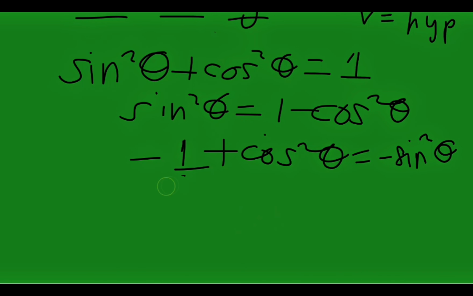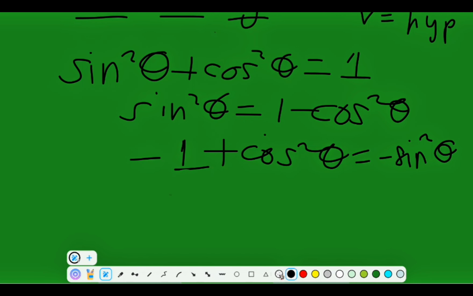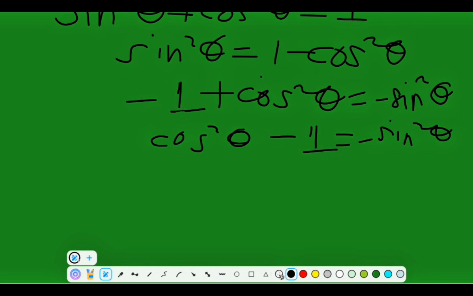They can also give it to you like this, as cos squared theta minus 1. So cos squared theta minus 1 is still equal to negative sin squared theta. From this, we're able to say that cos squared theta is equal to 1 minus sin squared theta, right?